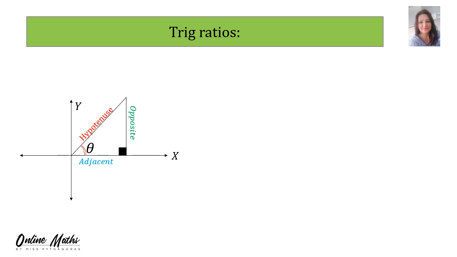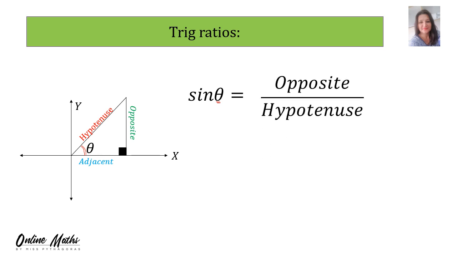Now the first trig ratio is sine theta, and you always write the angle together with the word sine, and then sine has a fixed ratio, and the ratio for sine is always the opposite side over the hypotenuse, or we can also write it as O over H, and we will remember that.